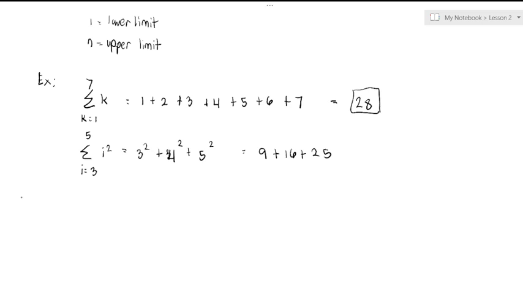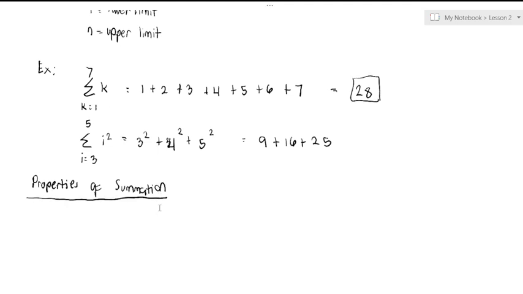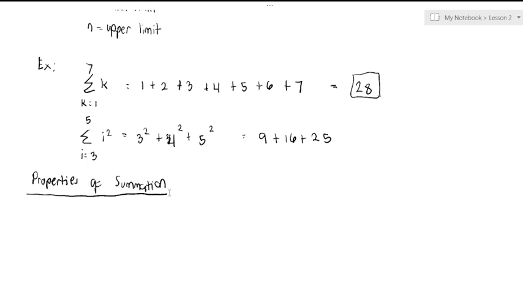Okay, so let's proceed to the properties of summation. Let's have the first property.